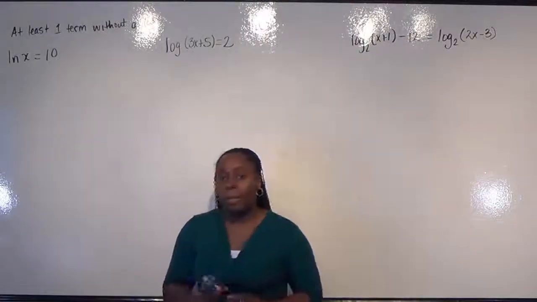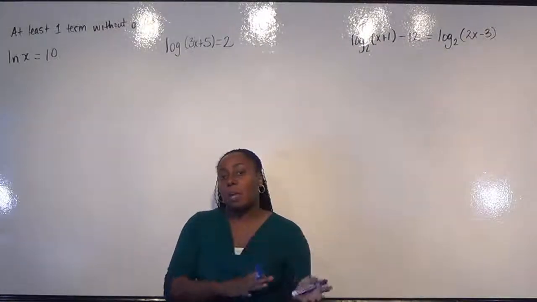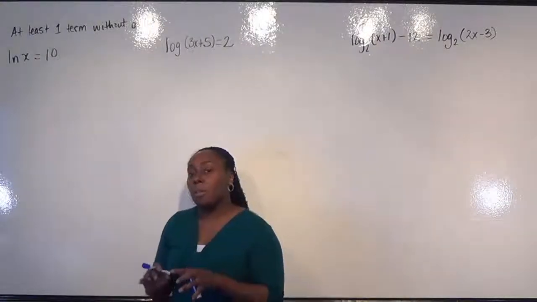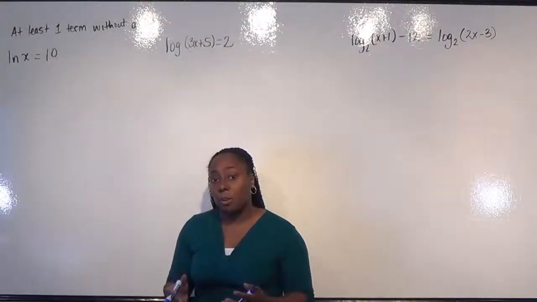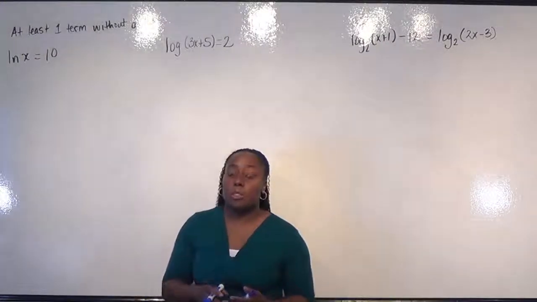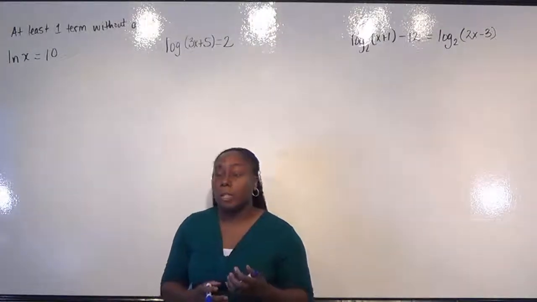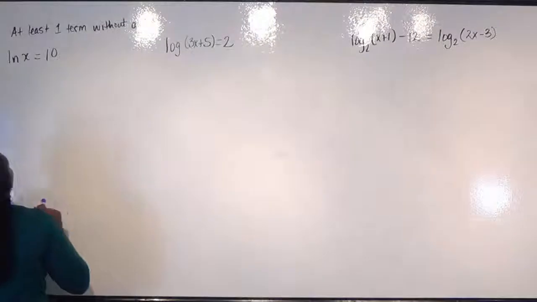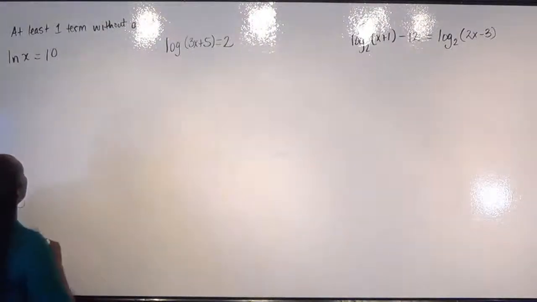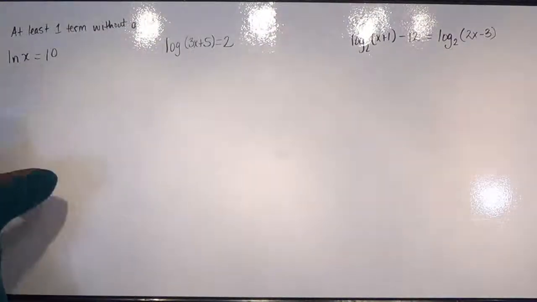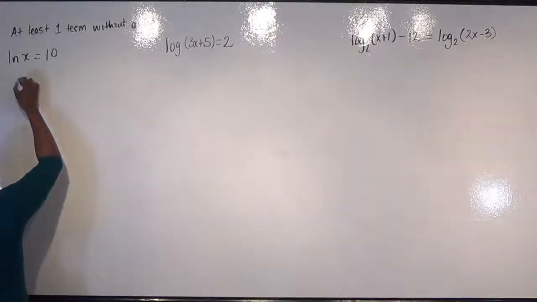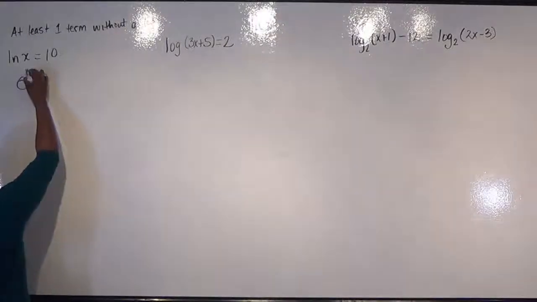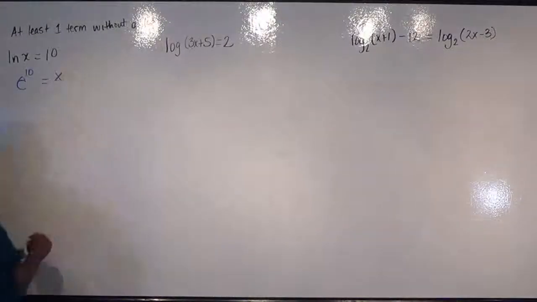Remember here, if we can get it to be a log equaling a number, then we want to use the equivalence to solve, meaning we're going to turn it into an exponential equation, and then solve the exponential. So in this case, ln of x equaling 10, to turn this into an exponential, remember this is base e, so this says that e to the 10th is equal to x.